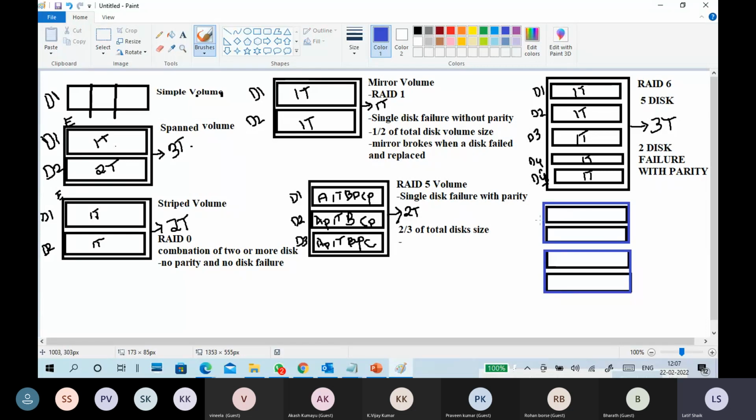Disk 1, disk 2, disk 3, disk 4. Disk 1 and disk 2 are mirroring, disk 3 and disk 4 are mirroring, and the whole combination is striped. Or the reverse side we can also configure.